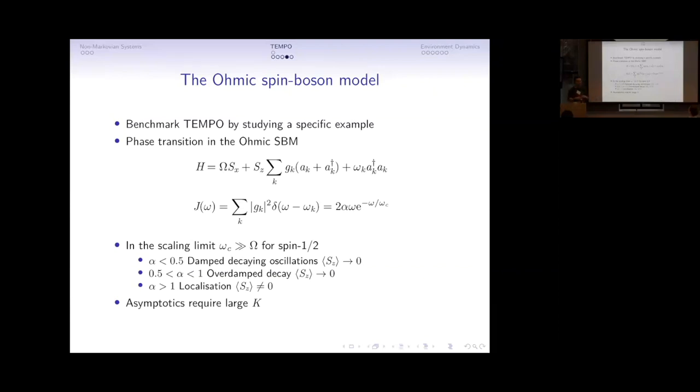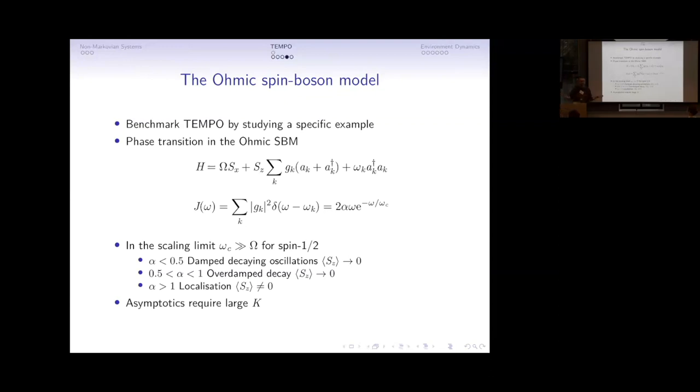And to do asymptotic scaling of what's going on here, to really capture the non-Markovian behavior, because this localization phase is really a non-Markovian effect, because it has to remember what was the initial state of my system at t equals 0 to know what state it's in at long time. To see the asymptotic behavior of this thing, you really need to go to large memory lengths.